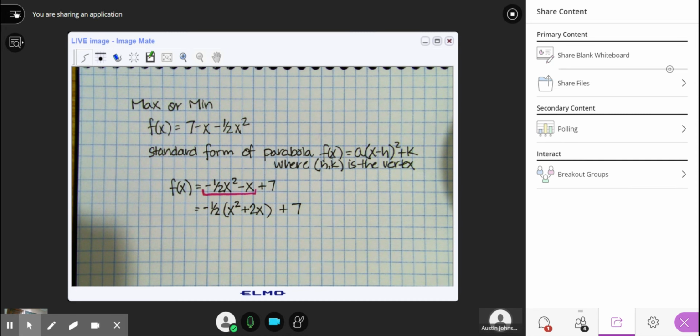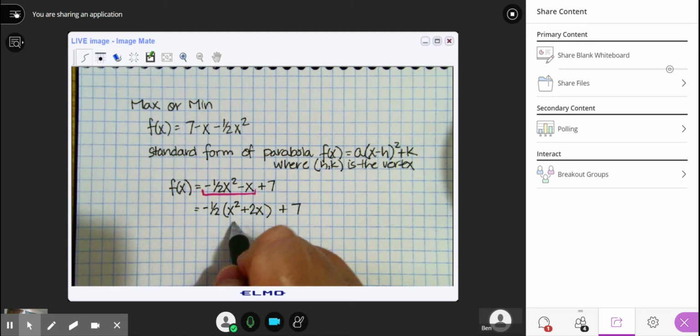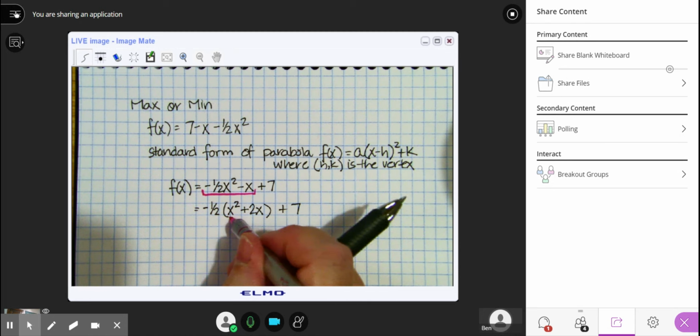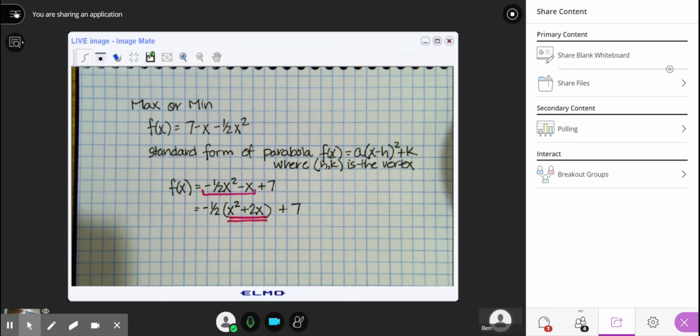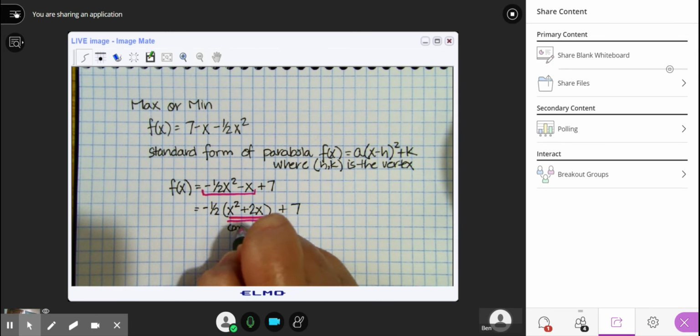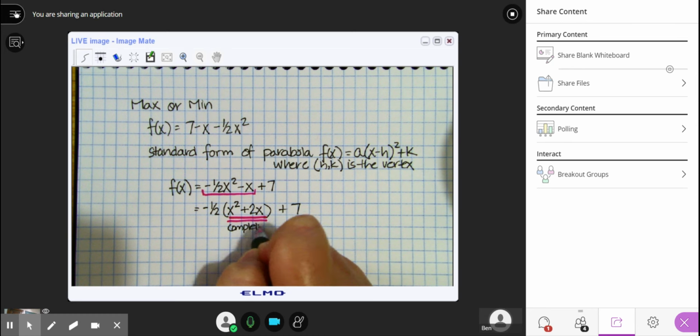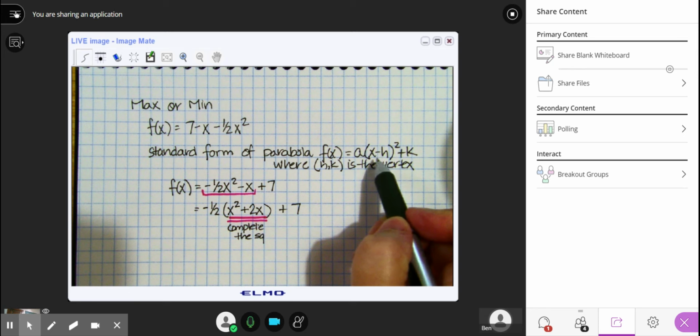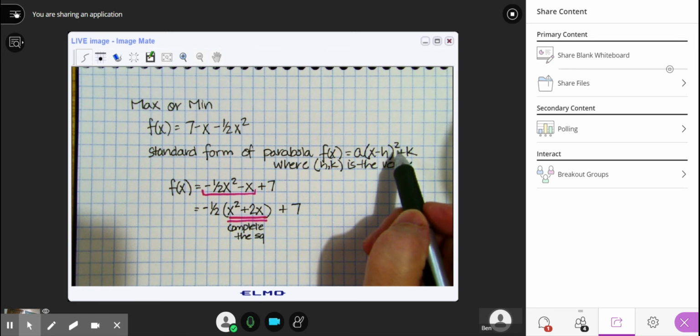You okay with that? Now, with this part, I'm going to complete the square, because I've got to get this to x minus h squared.